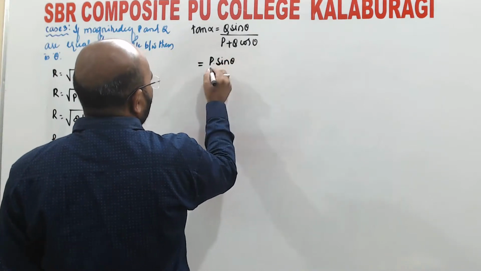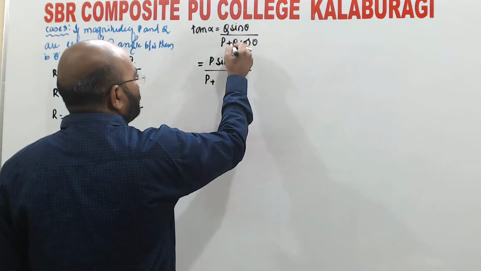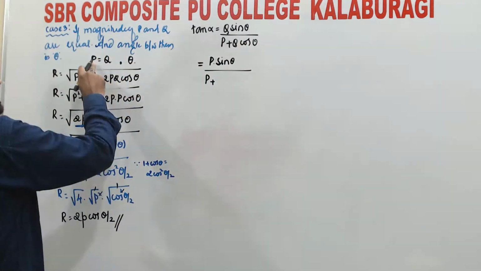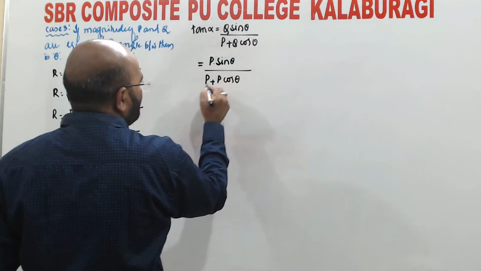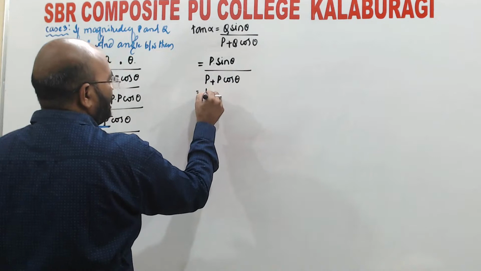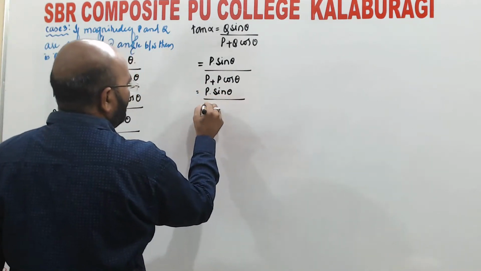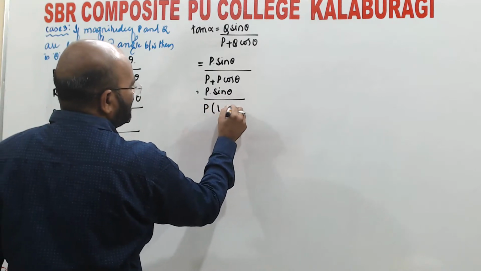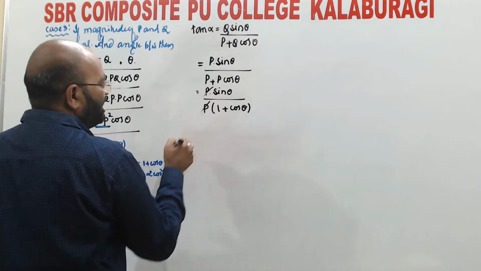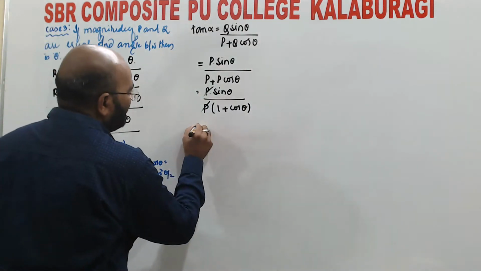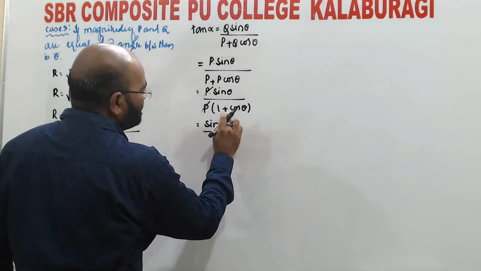To make a simplification, we go for one more step. P plus Q can be written as P into cos theta. What is common in the denominator? P is common. P into sine theta divided by P is common, 1 plus cos theta. Then P from numerator and denominator will be cancelled. Then we get sine theta divided by 1 plus cos theta.